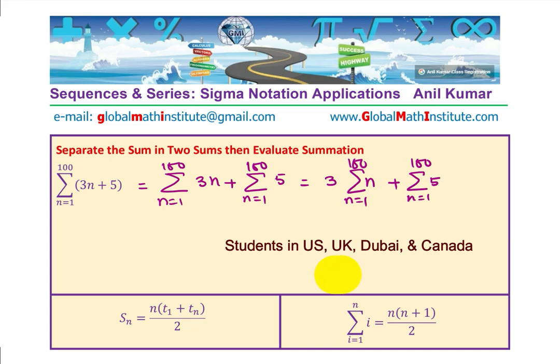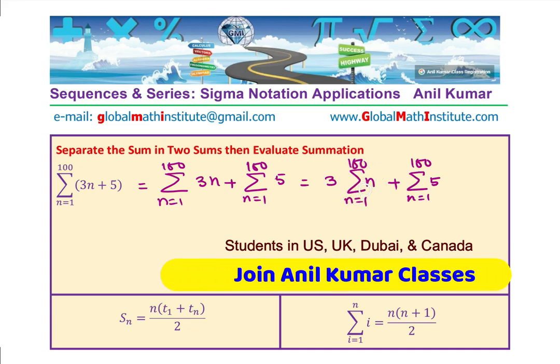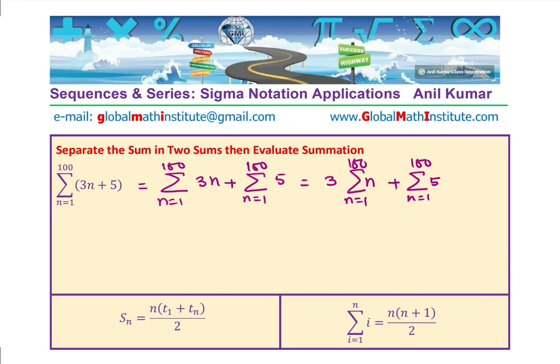Clear? So the natural number sum is given by n times n plus 1 over 2, which you can also derive from the arithmetic sequence where the first term is 1, right?